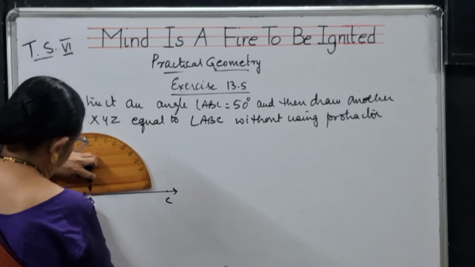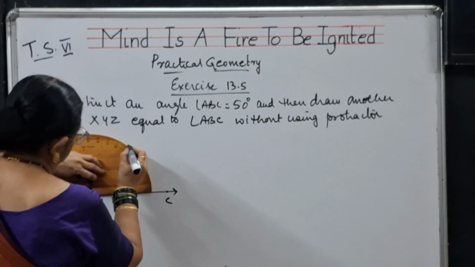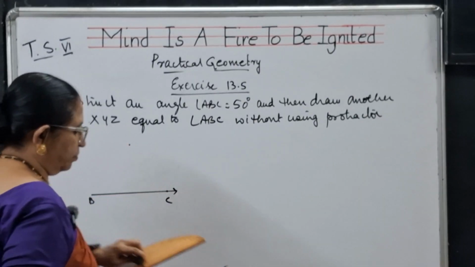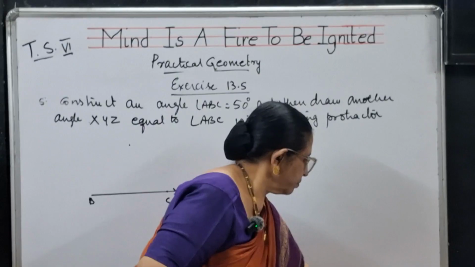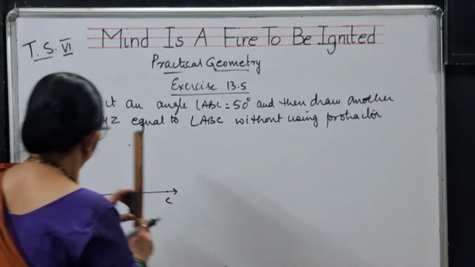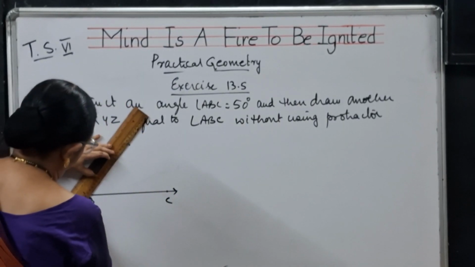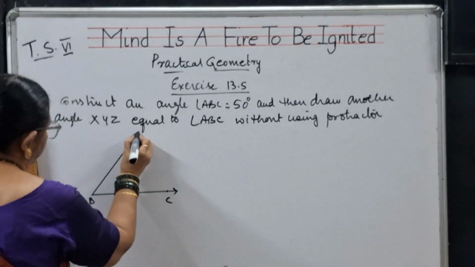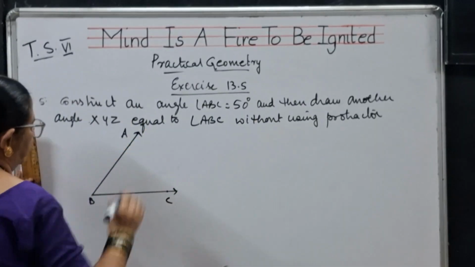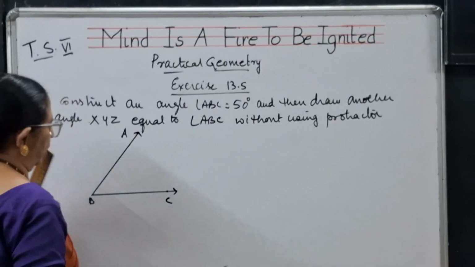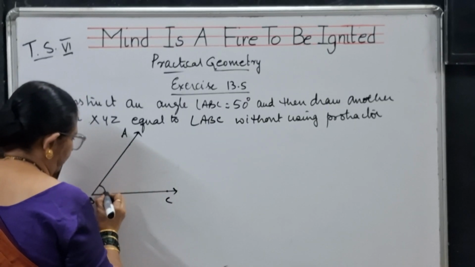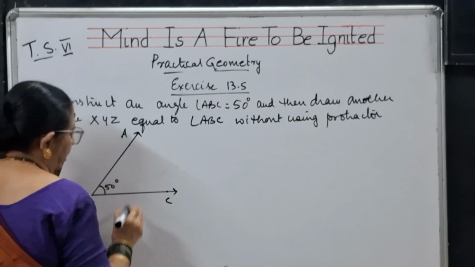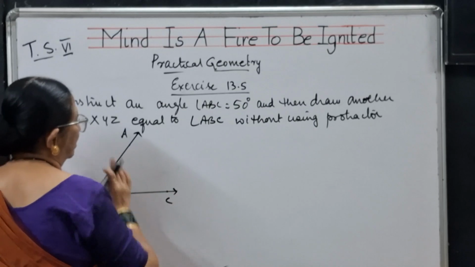So here, 50 degrees. Angle ABC is 50 degrees. Now we have to draw another angle XYZ.